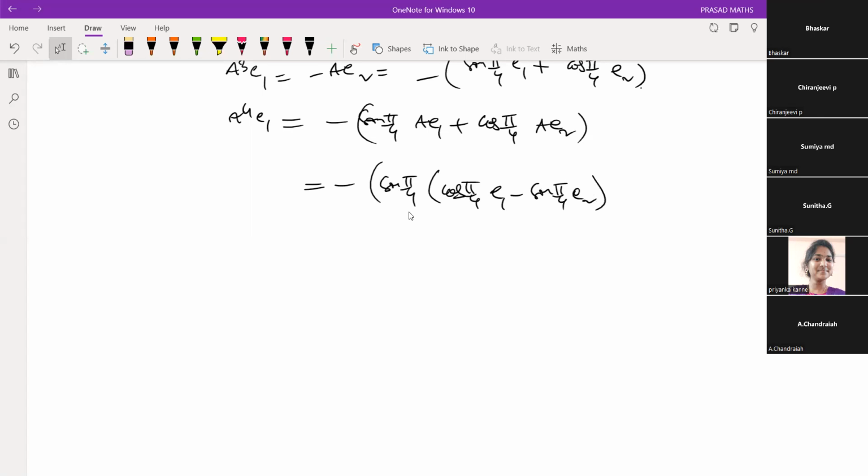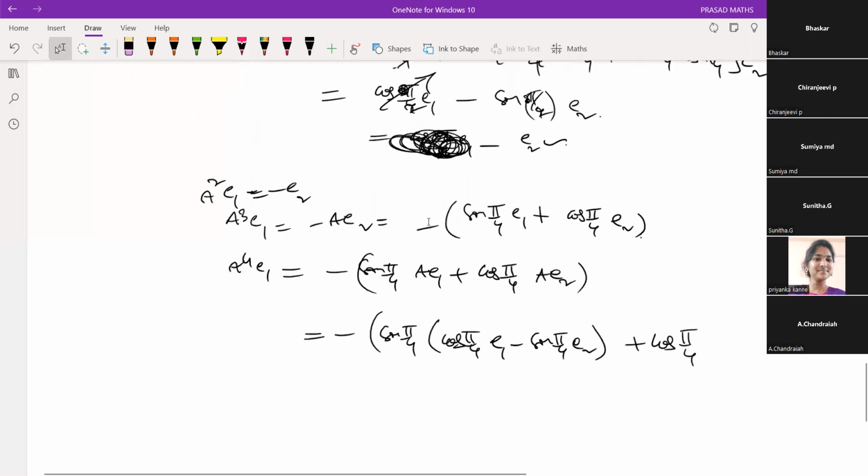Next, plus cos pi by 4. What is e2? Minus sin pi by 4, cos pi by 4. Sin pi by 4 e1 plus cos pi by 4 e2. Is it right up to this step?